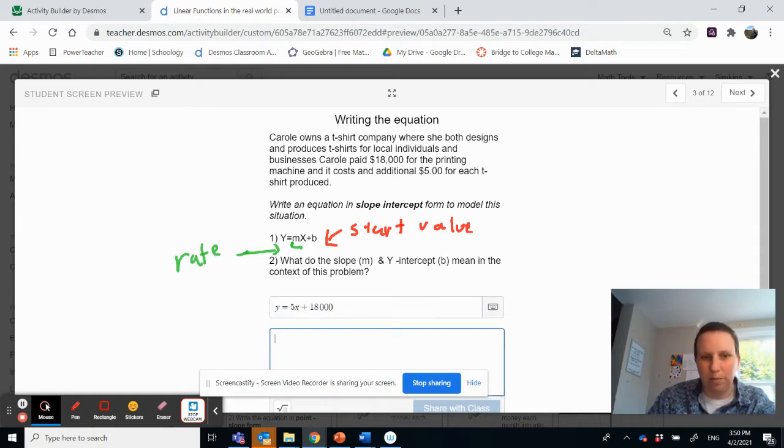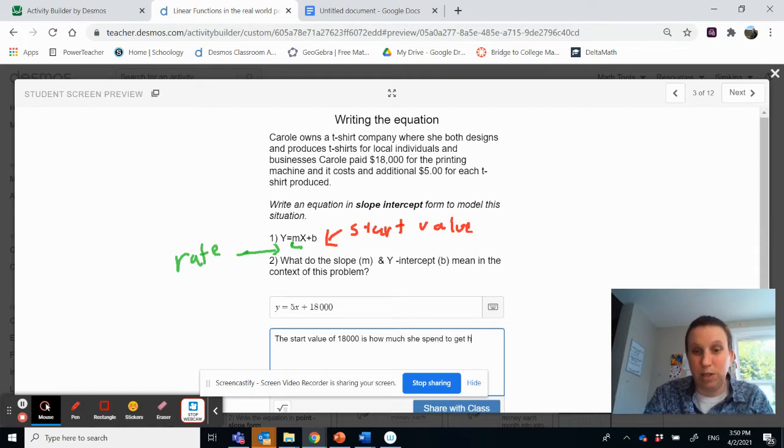Here's a big, ugly number. They ask me what these mean in the context of the problem. I'm going to say 18,000, or the start value, 18,000 is how much she spends to get her business started before she even prints any t-shirts.